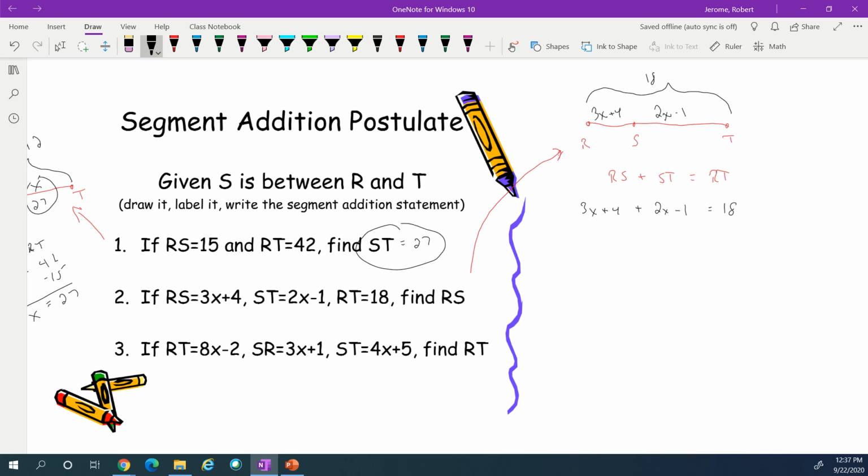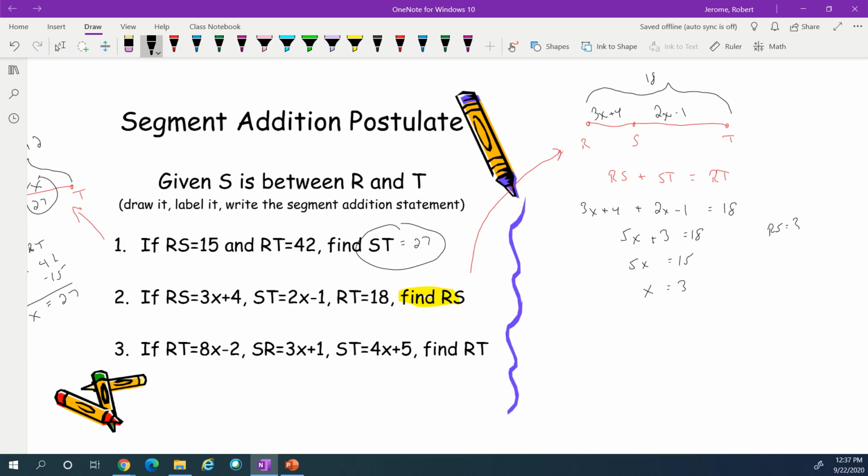And we're just going to do some algebra. 5x plus 3 is 18. 5x equals 15, and x equals 3. And now reread the question. It says find RS. So I need to take that answer and plug it back into RS.